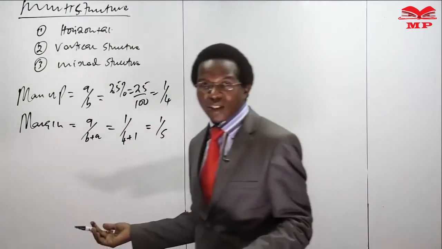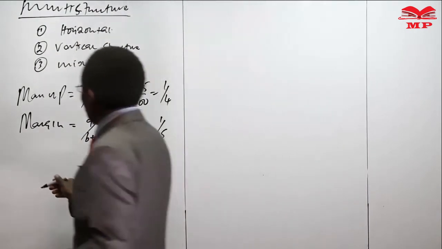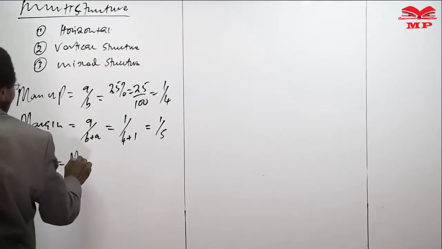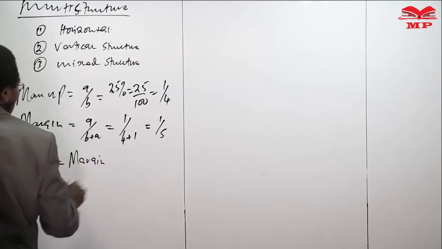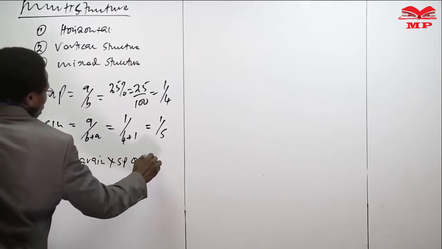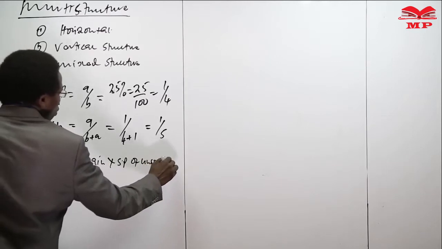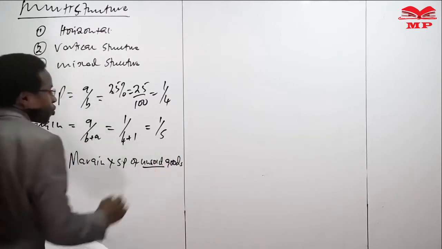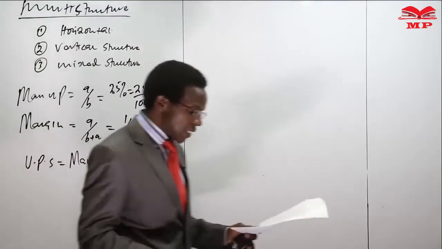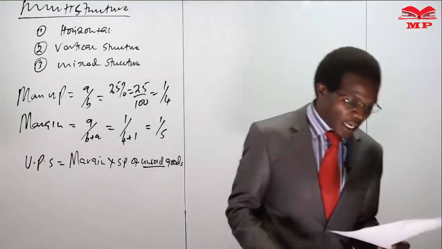You need to remember these concepts so that if you are determining the unrealized profit, you simply take the margin and multiply by the selling price of unsold goods, or unused raw materials, like in this scenario. We'll come back to that and use it.